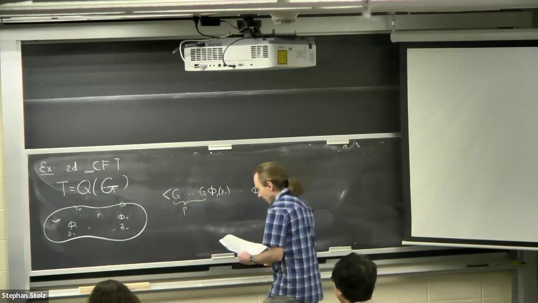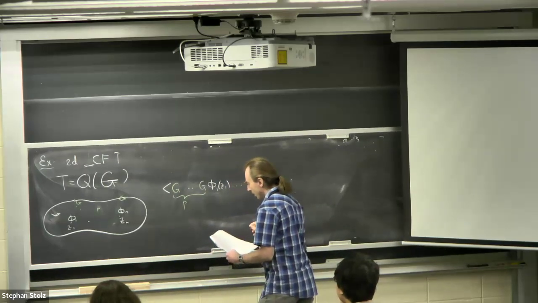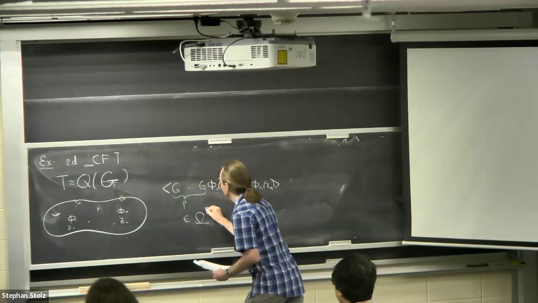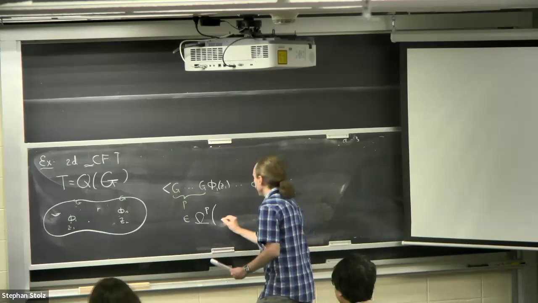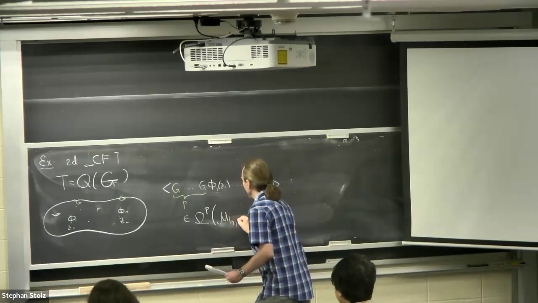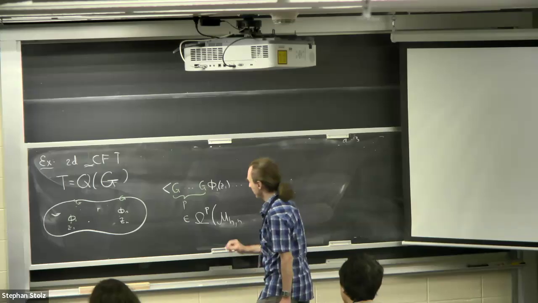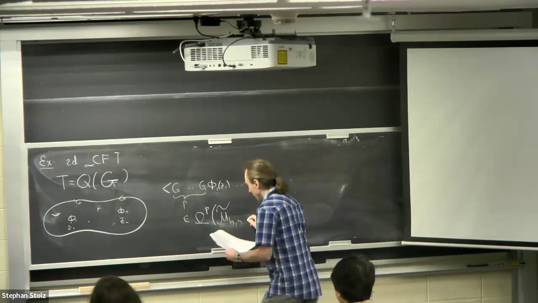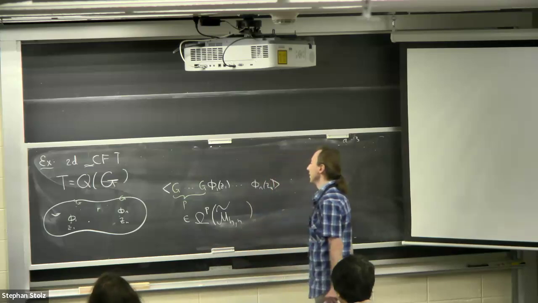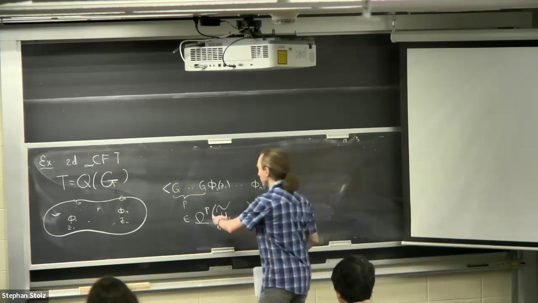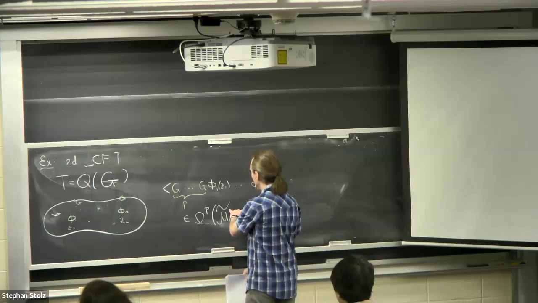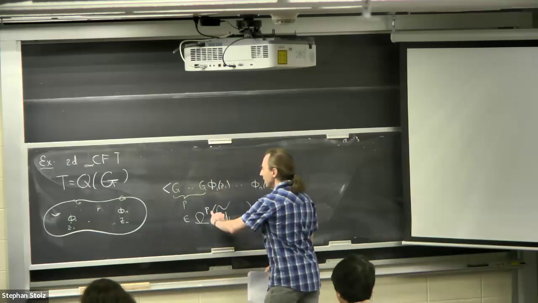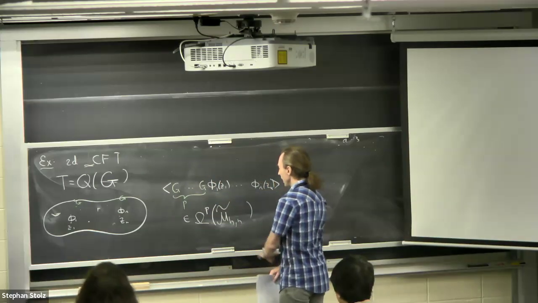It turns out that one can interpret this correlator as defining a P-form on the moduli space of complex structures on the surface. The tilde means: N is the number of punctures, P is the number of G insertions, and H is the genus.